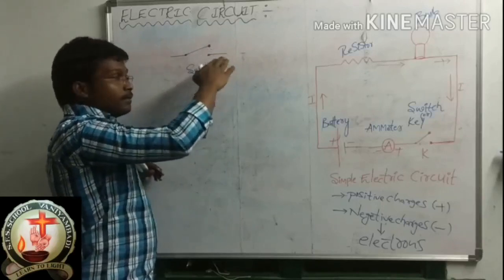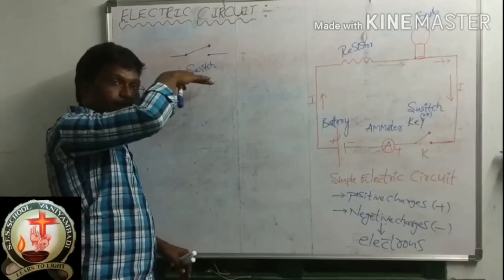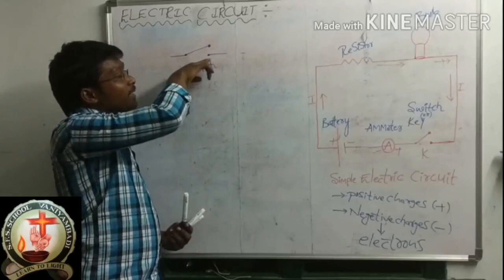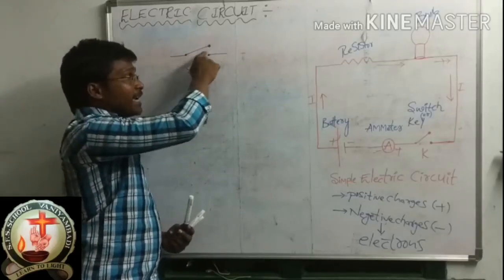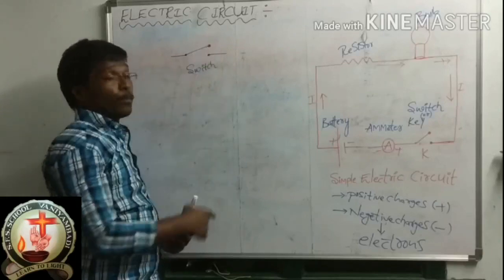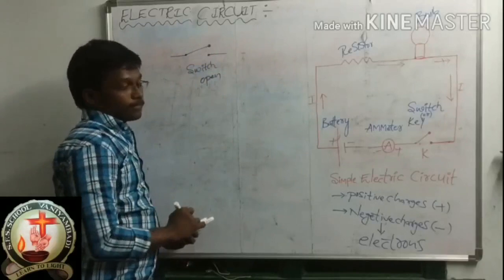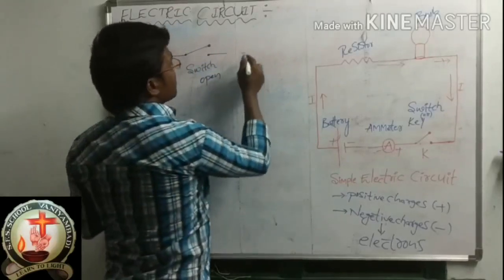This cap is touching this end means this switch is closed. But if it's not touching, the symbol is like this, which means switch open. Okay, remember that.